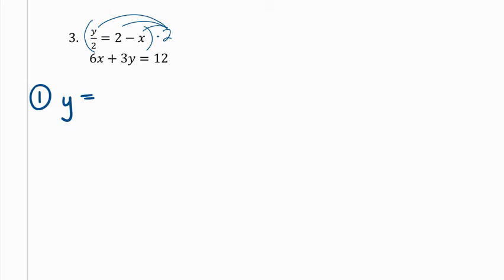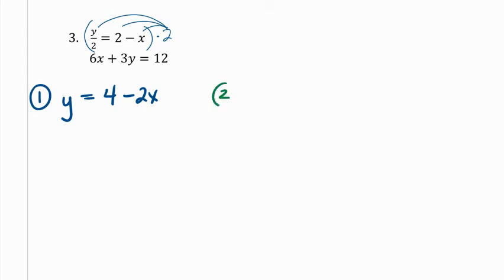Equals 2 times 2 is 4, and 2 times -x is -2x. Look, no more fractions, and it's solved for y. Our first step is done. We have one equation solved for one variable.